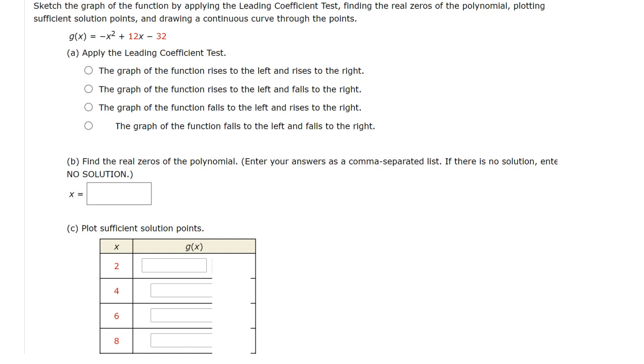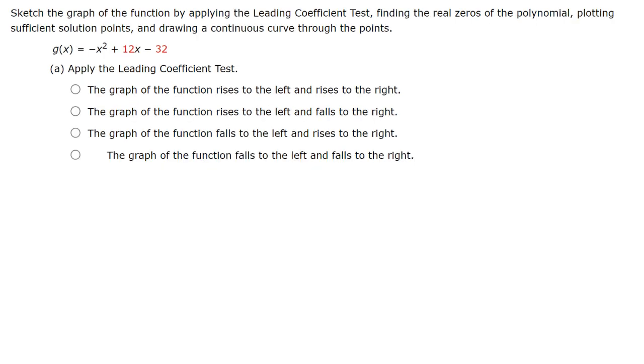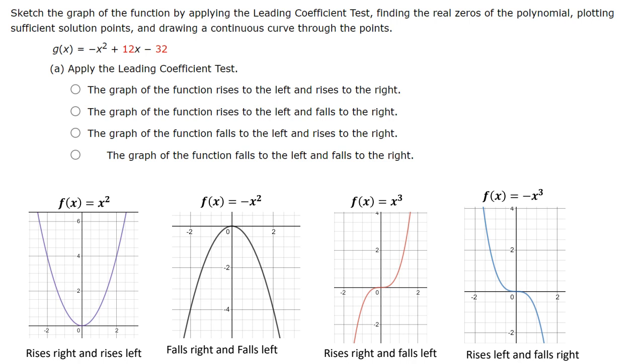So now that we know the behavior of this graph, let's find the real zeros of the polynomial. Okay, so since we have a quadratic, there's several ways of doing this. Here's the graphic representation of what I just went through.